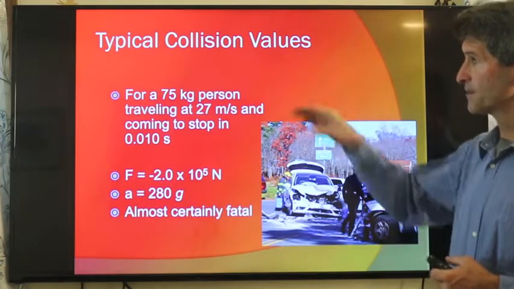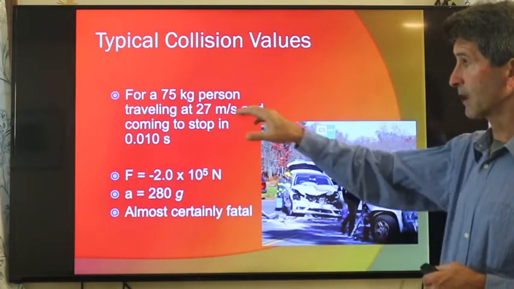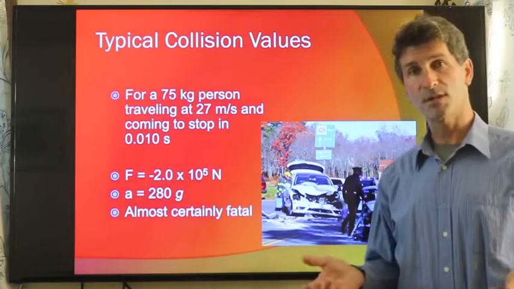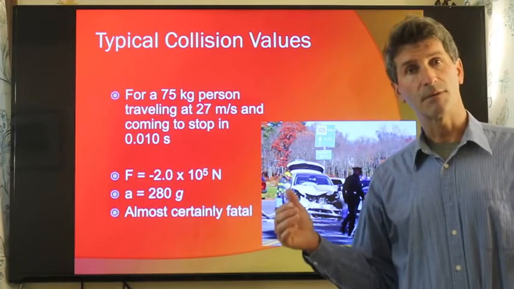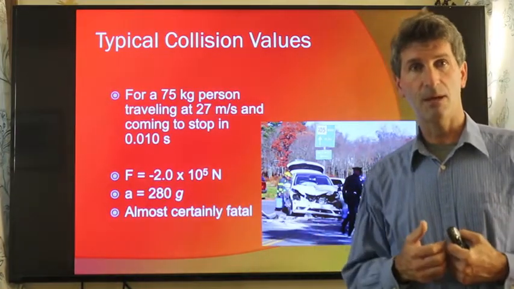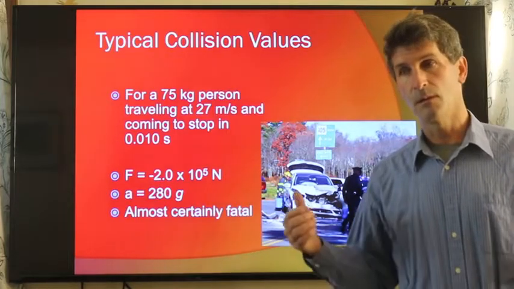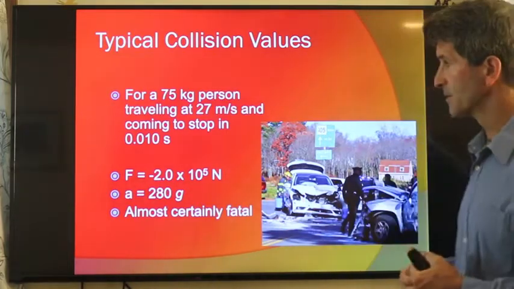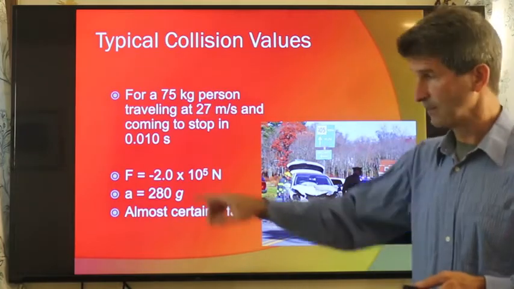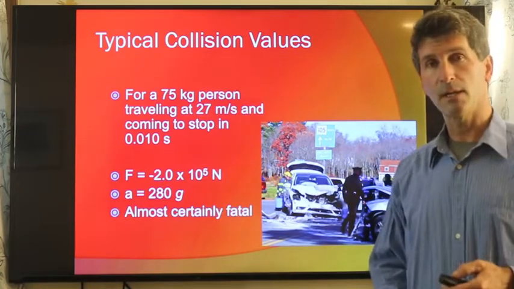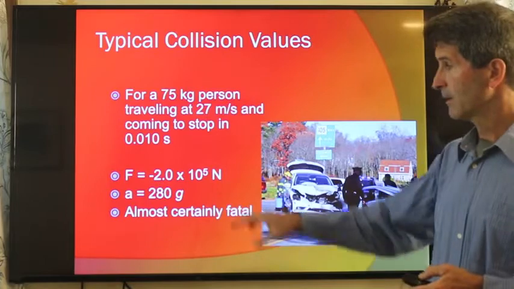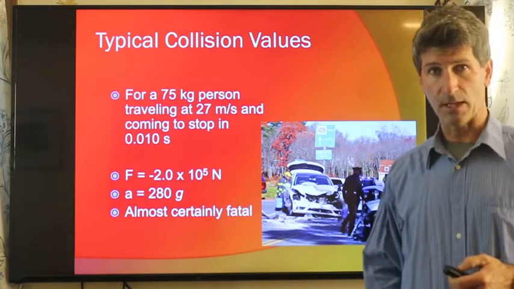Consider this. A 75 kilogram person traveling at 27 meters per second, 60 miles per hour. If they're in a car and they suddenly slam into a rigid structure, maybe a telephone pole, maybe a concrete wall, something that's going to stop them instantaneously. If it takes them only 1/100th of a second to stop, that corresponds to 280 Gs.